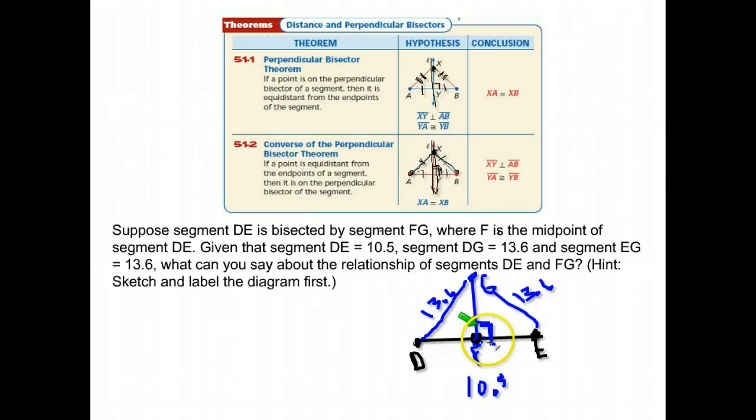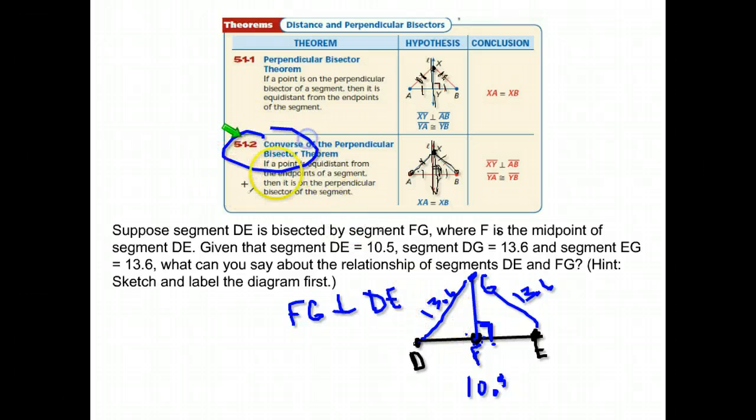So it tells us that FG would be perpendicular to DE. Not only does it cut it in half, it also must be perpendicular, and we found that using the converse of the perpendicular bisector theorem. So if you want it in words, FG and DE are perpendicular.